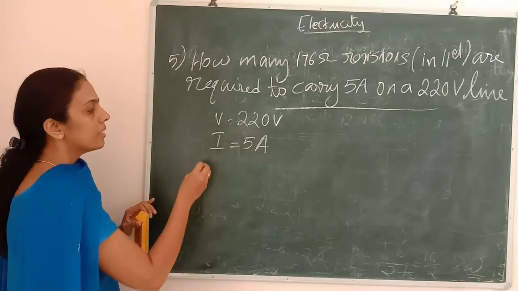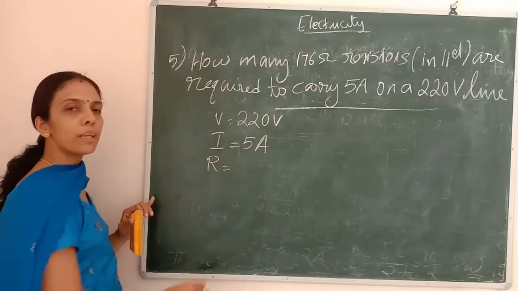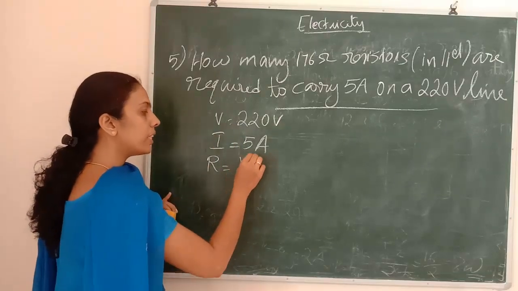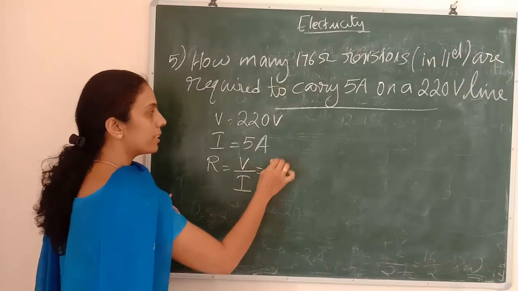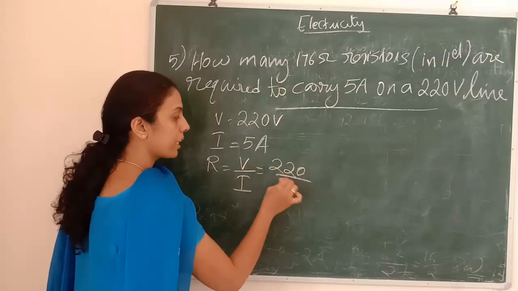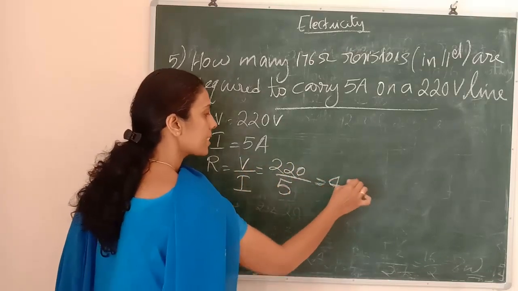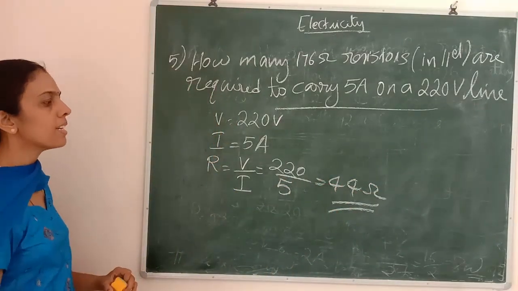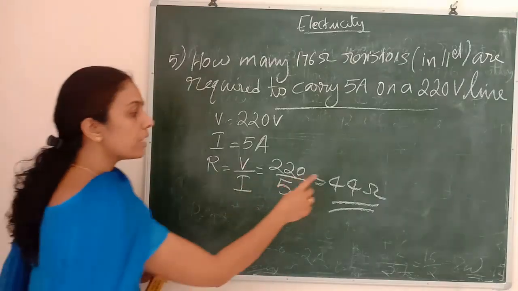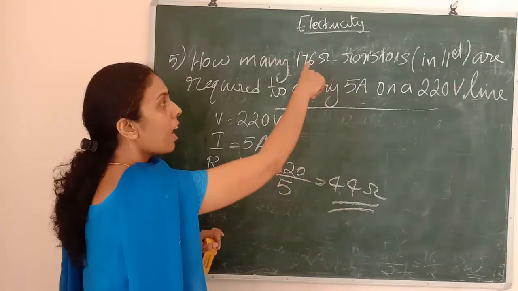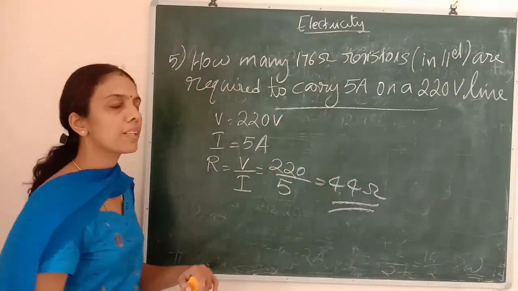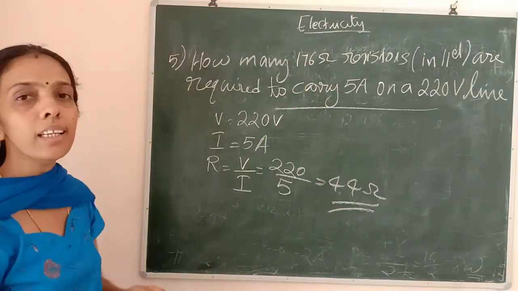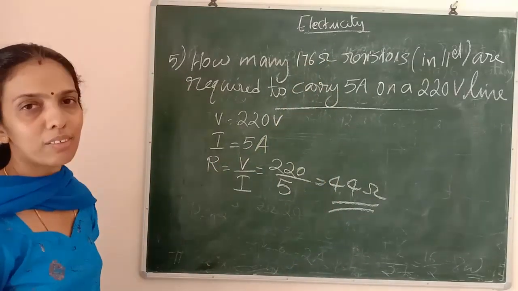Then how much will the resistance be? R equals V by I, so it is 220 divided by 5. So we will get 44 ohm. 44 ohm is the resistance. So to get a total of 44 ohm, how many 176 ohm resistors should be connected in parallel? So how can we find that?